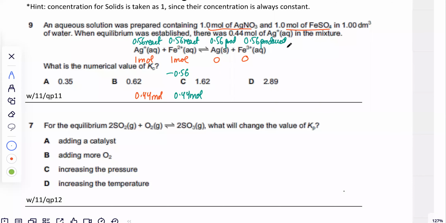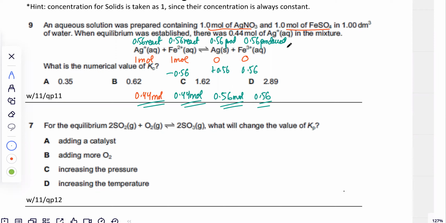So there's going to be an extra 0.56 moles of Ag as well as Fe3 plus. So Ag moles would be 0.56 and Fe3 plus moles would also be 0.56. So those are your equilibrium moles now. Okay, is this clear to everyone?